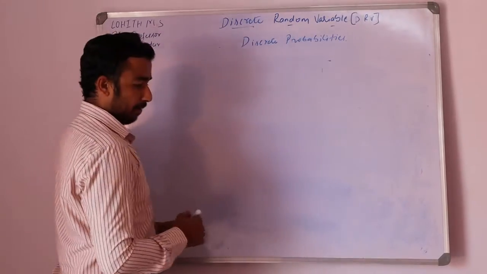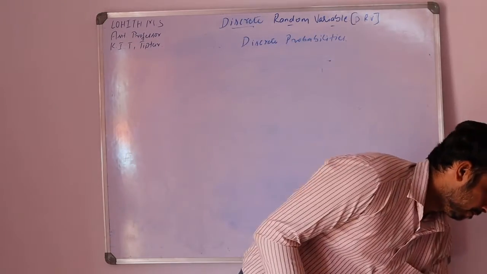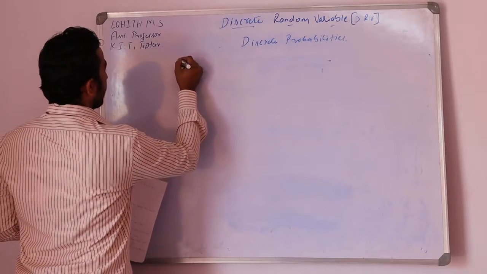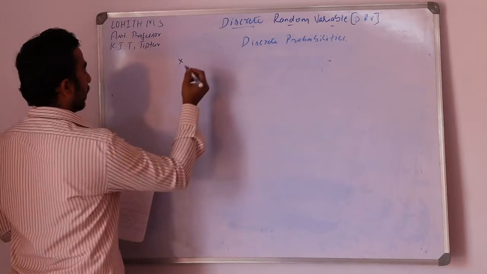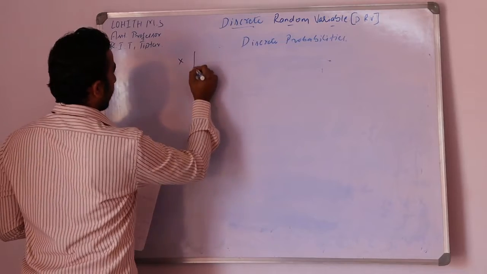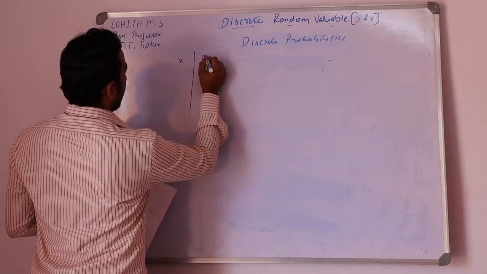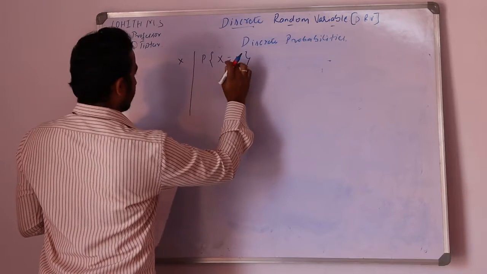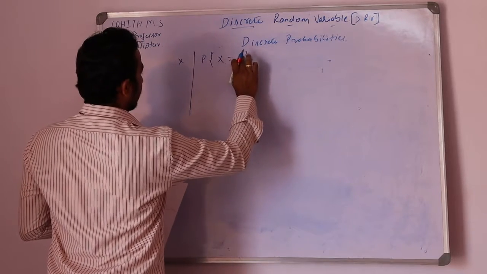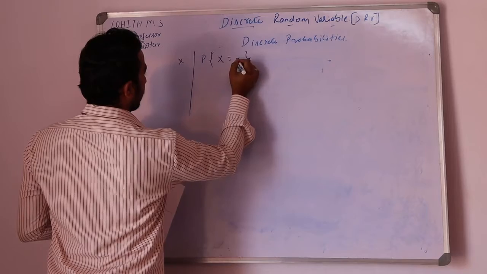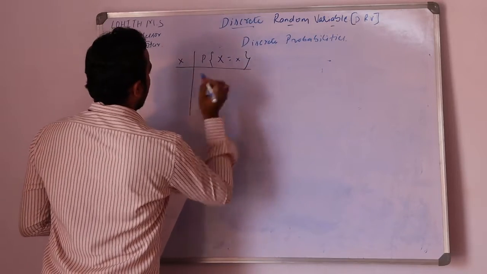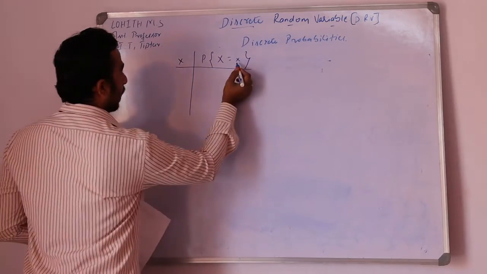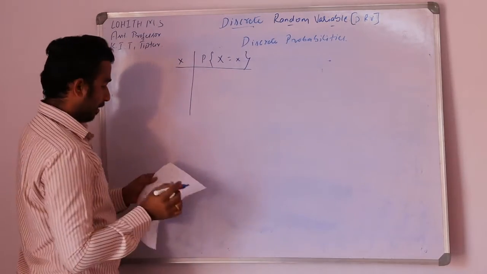A table is given. This is a random variable, the independent variable, and P of x equal to x. Here this x is a random variable and this is an independent variable.